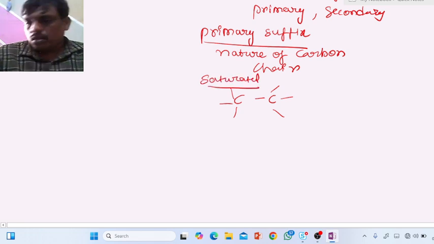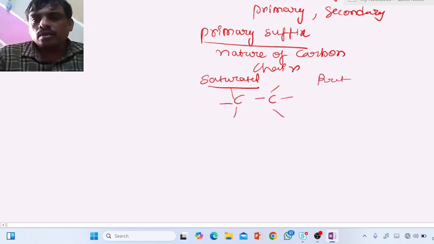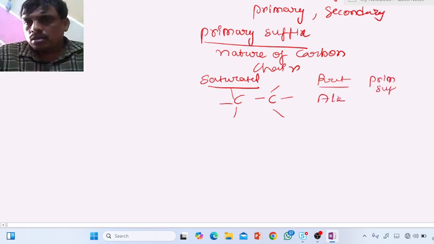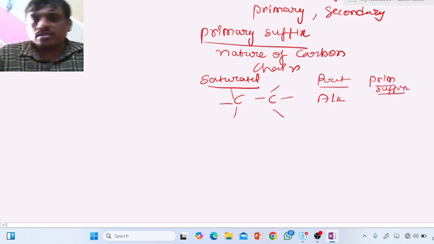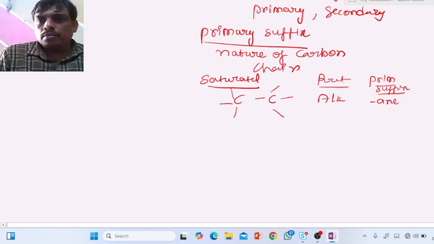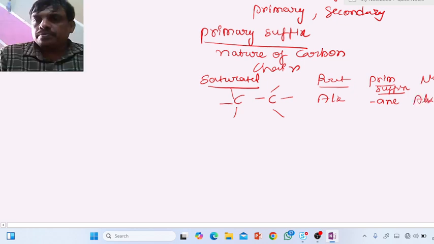The root word here is alk, the primary suffix is ane, and the name will be alkane. Example, ethane can be taken as one of the examples.